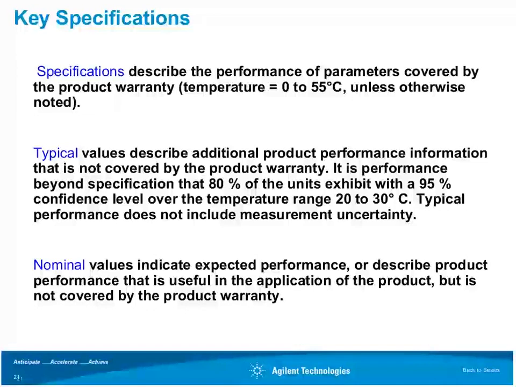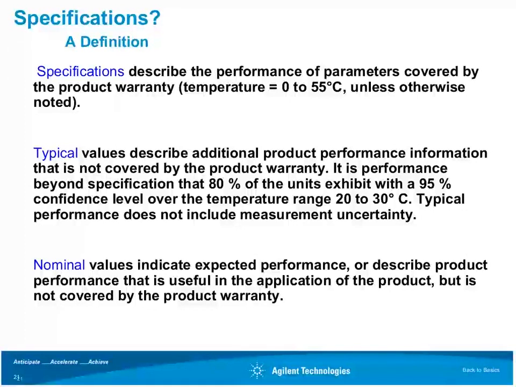Now, this is probably a good point to mention that when we talk about specs, let's be clear on our terminology. So Agilent defines things this way. We say that specifications are a measure of a particular parameter, and it's a measure that we warrant. In other words, we guarantee that it will meet this specification.